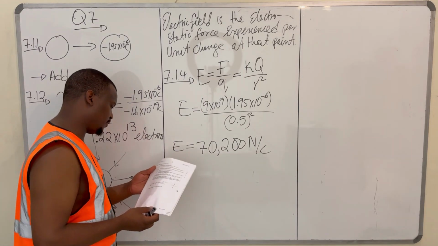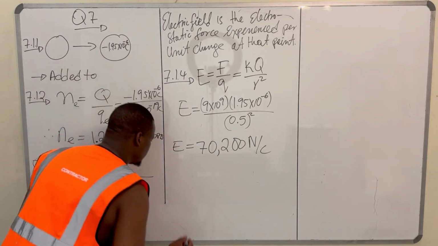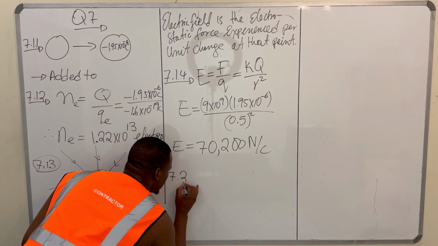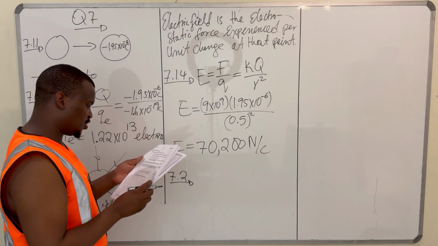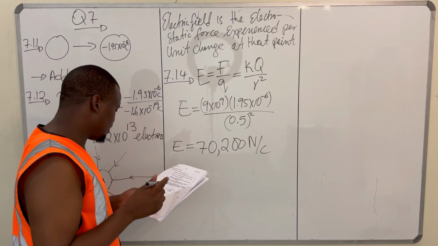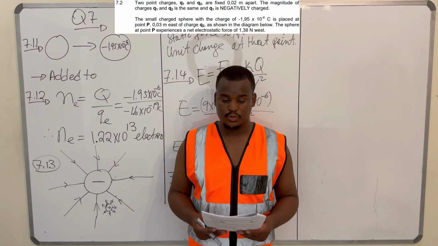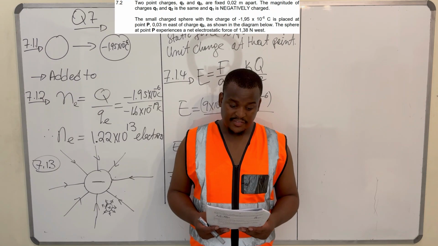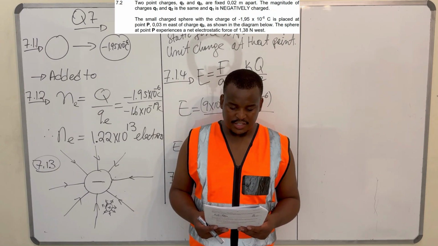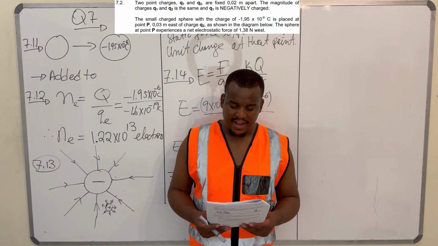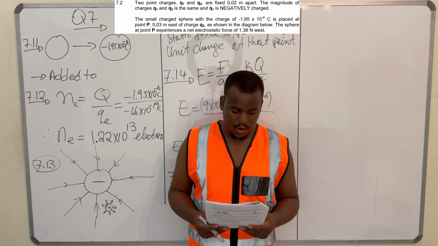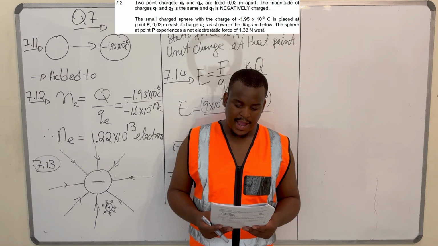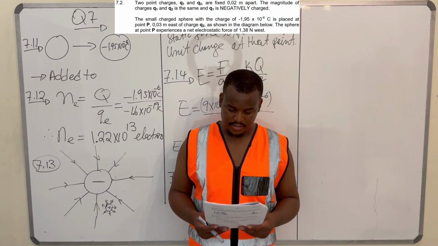So we move to 7.2. Looks like we will have to have a drawing. So let me draw this, then we will continue. So now we're doing 7.2. Two charges Q1 and Q2 are fixed 0.02 meters apart. The magnitude of Q1 and Q2 is the same, and Q1 is negatively charged.